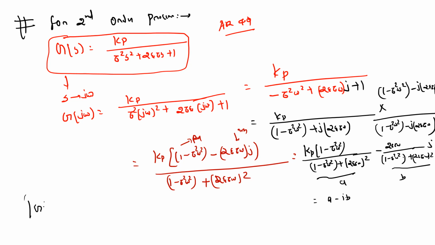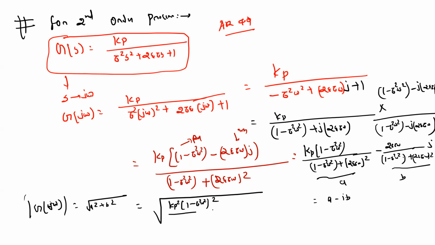So if I want to calculate mod of G of j omega, that is equals to root over A square plus B square. So finally you will see that is equals to Kp square into 1 minus tau square omega square whole square, divided by 1 minus tau square omega square whole square plus 2 zeta tau omega whole square. Plus that is your B square.